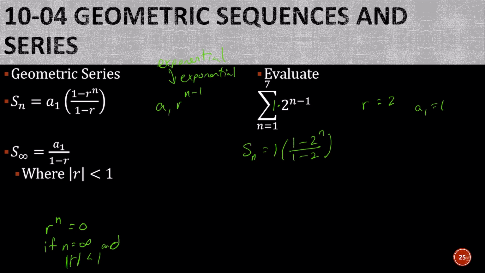Oh wait, what's n? N is up there, n is 7, so our sum of the first 7, run that through the calculator and it is 127.